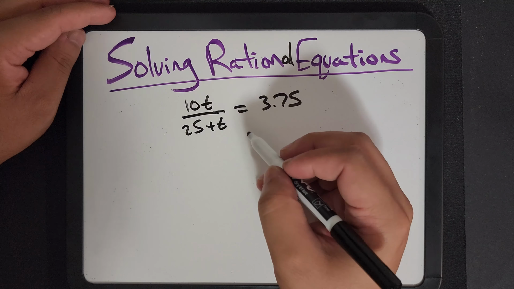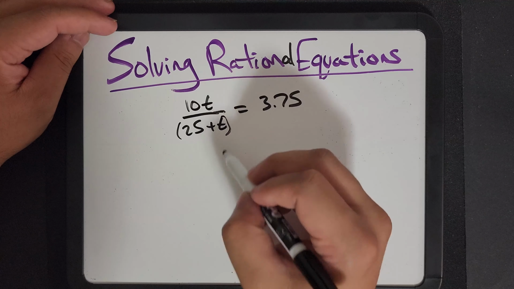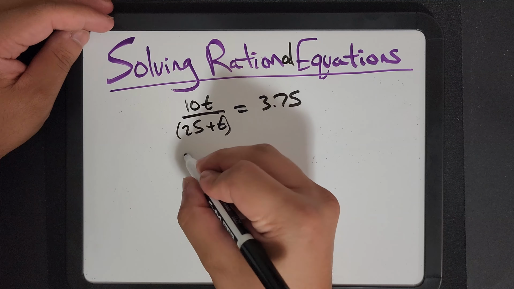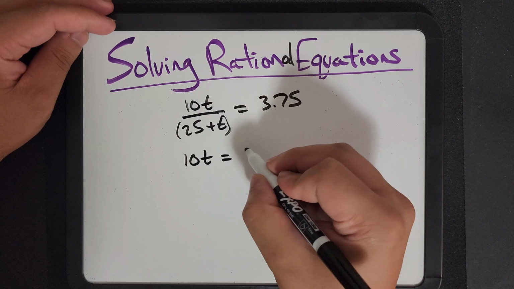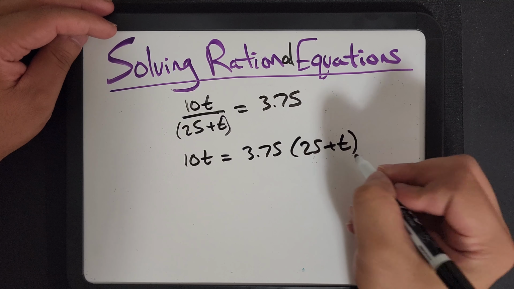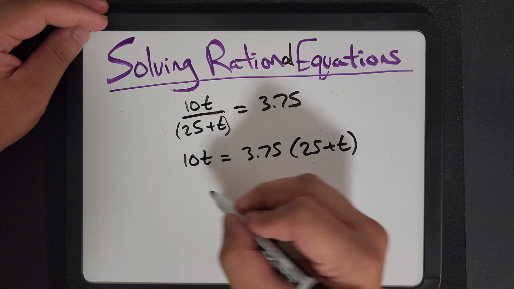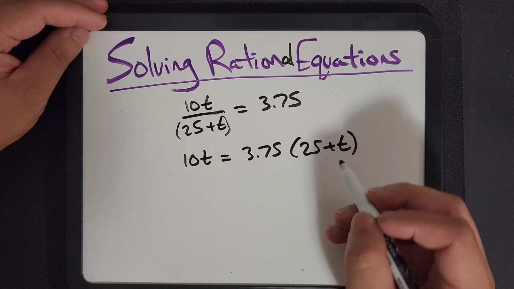So first thing we're going to do is bring this up to that side, so multiply both sides by that. So I'm left with 10t equals 3.75 times 25 plus t.